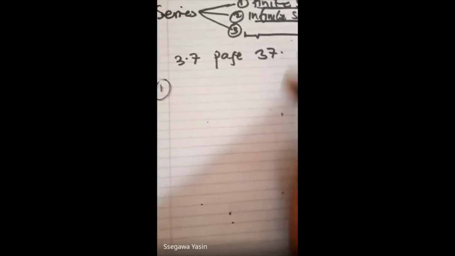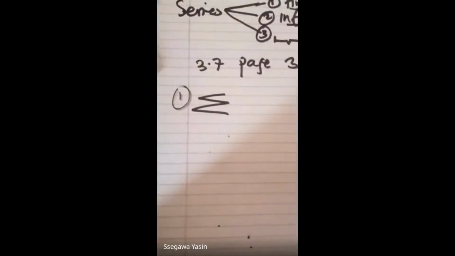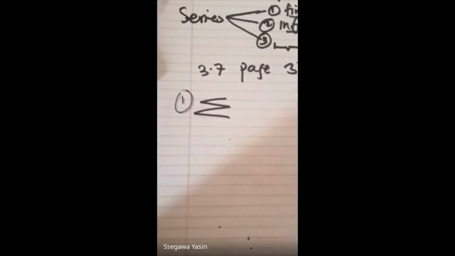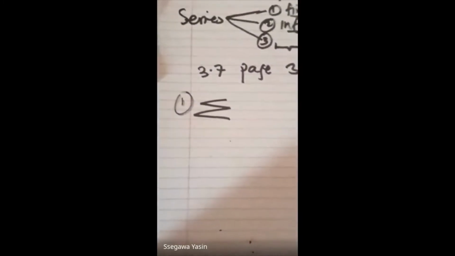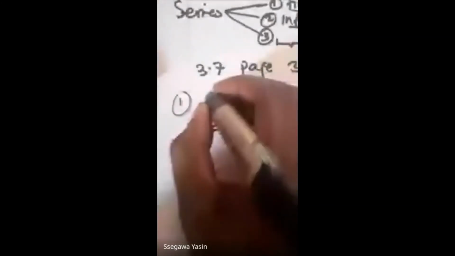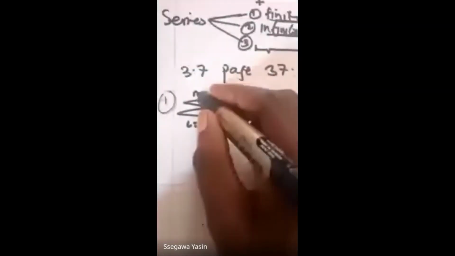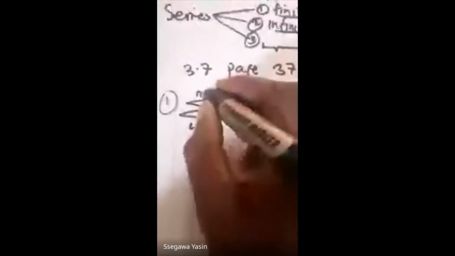What does it mean? If I say I'm summing from i is equal to 1 up to n of xn, meaning that I'm summing up elements of a sequence up to n. Now, this is finite because I stop at a certain number.